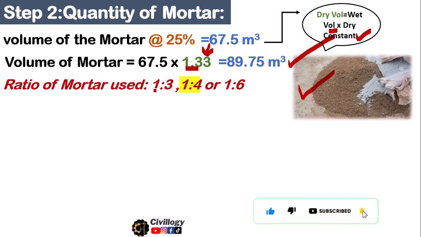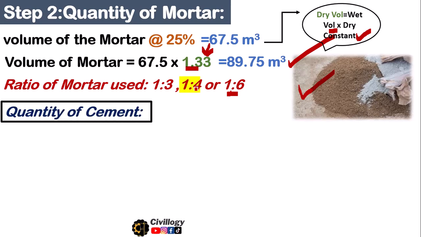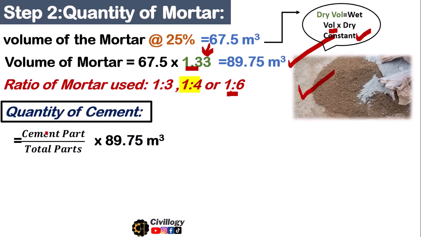The ratio of mortar for stone masonry could be 1:3, 1:4, or 1:6, depending upon the conditions, importance of the structure and specifications provided to you. In this video we are going to use the ratio 1:4 for calculations. To calculate the quantity of cement, we will use a simple formula: cement part divided by total parts.